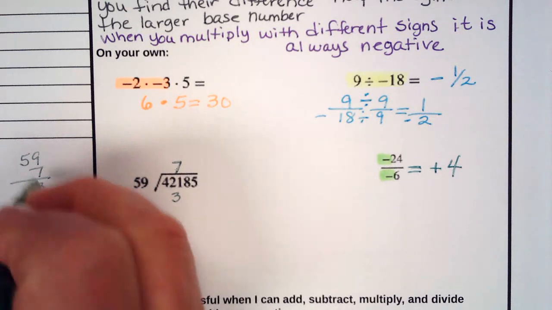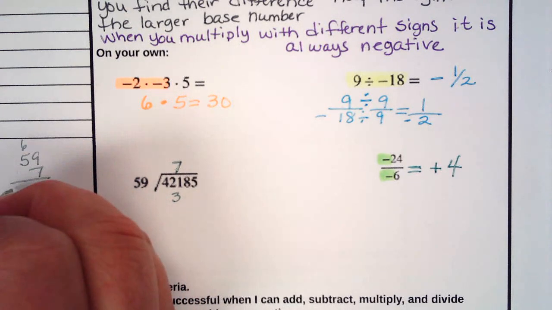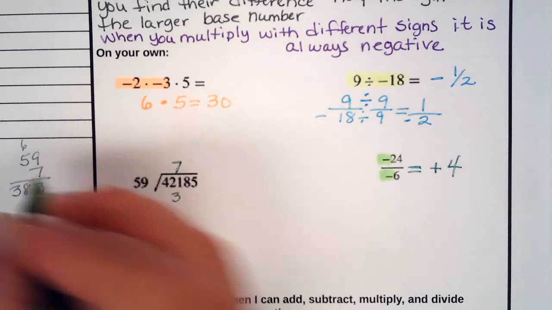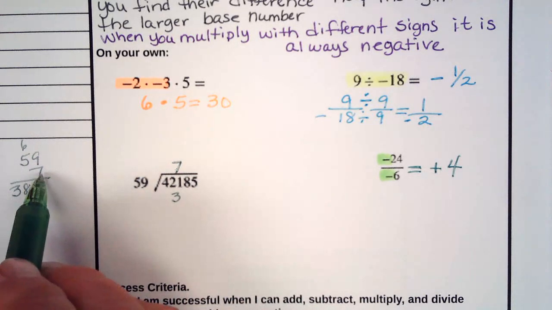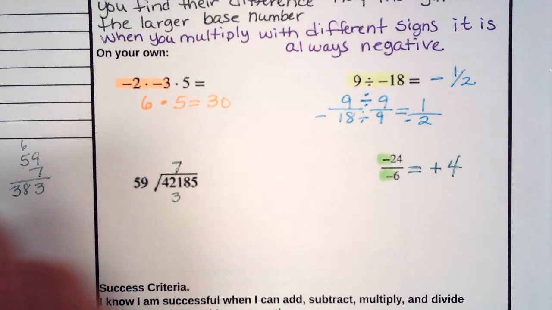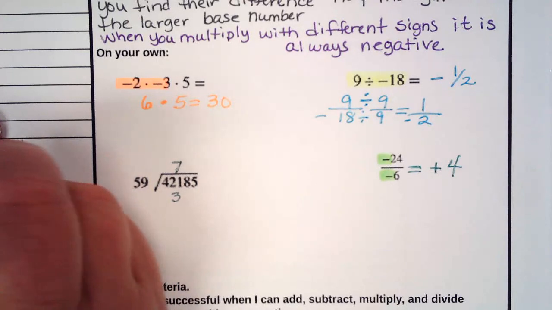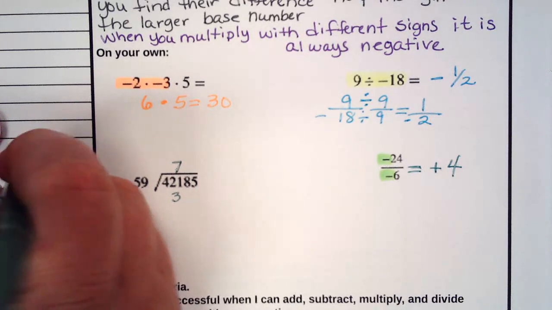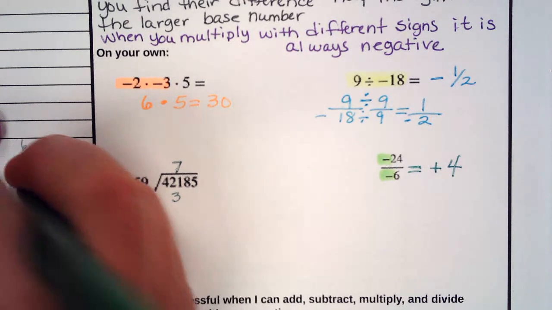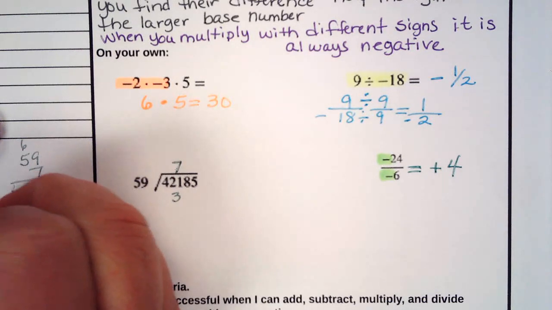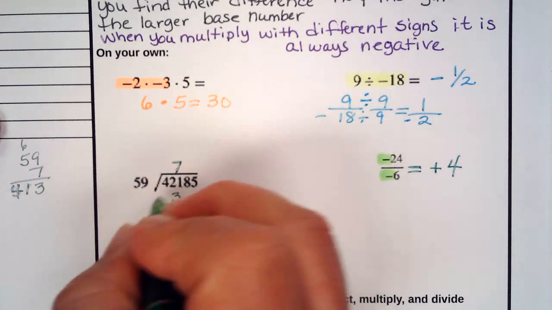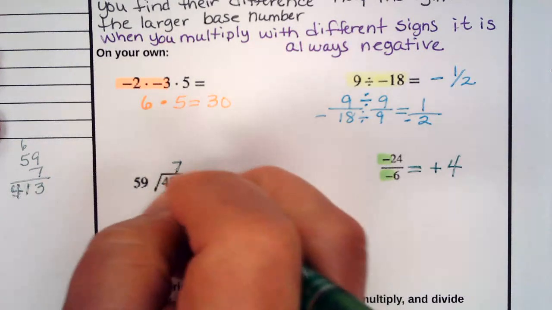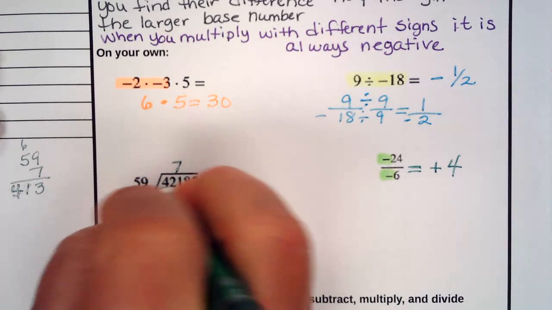Carry this. 35 plus 6 is 41. So this is going to be 413.